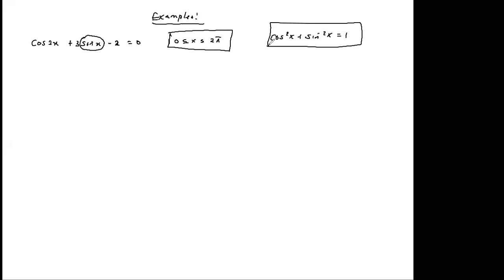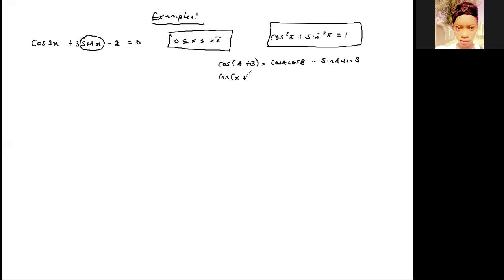The good news is we know that cos of A plus B is equal to cos A cos B minus sine A sine B. If A is x and B is x, then again we'll have cos x cos x minus sine x sine x.